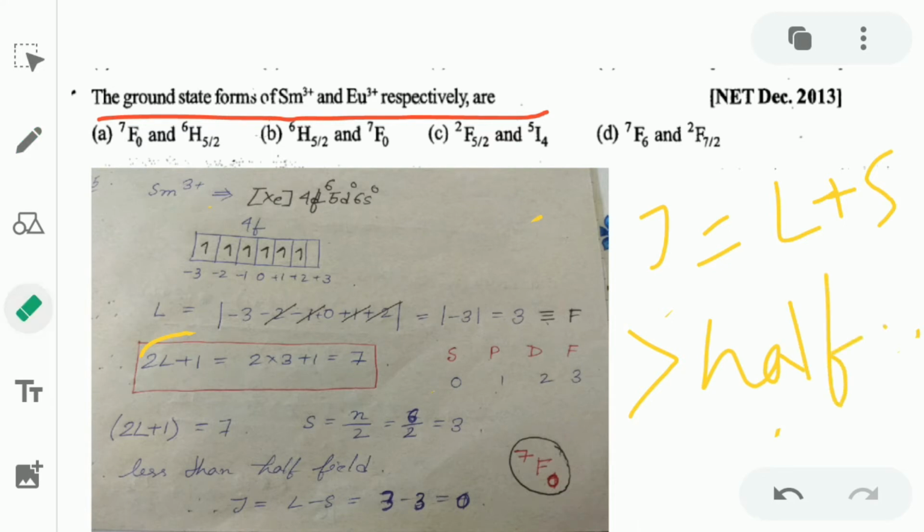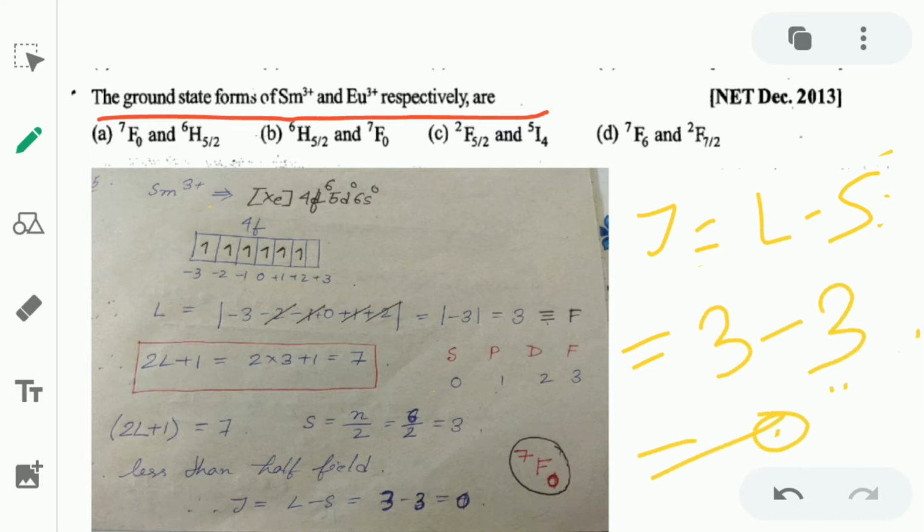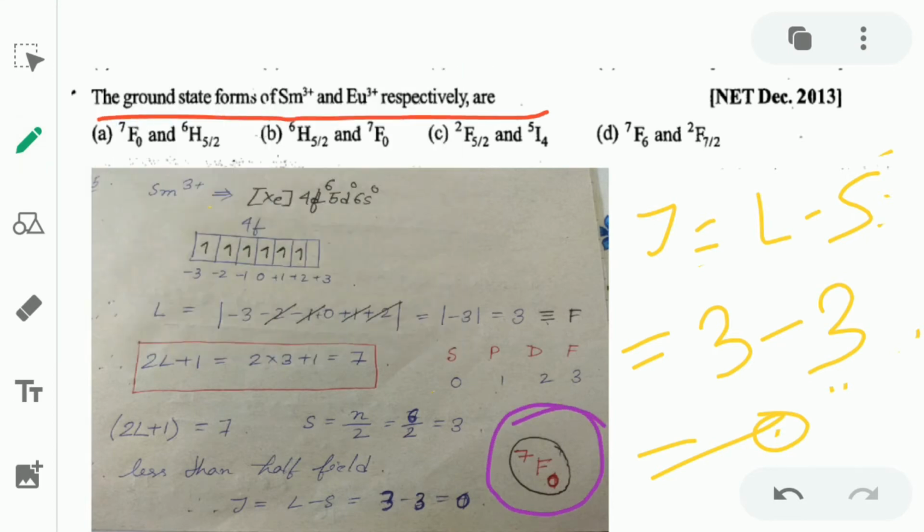As here that is less than half filled, J should be L minus S, that is 3 minus 3 equal to 0. That's why the term is 7F0, and for samarium 3+ it is 7F0. So as we have mentioned respectively, we can easily choose our correct answer, that is nothing but option A.